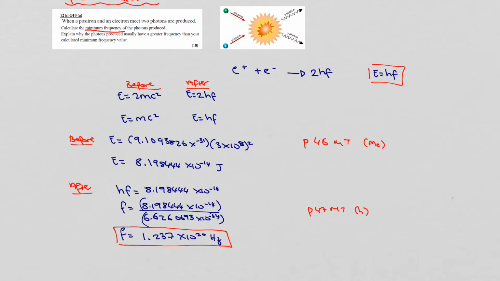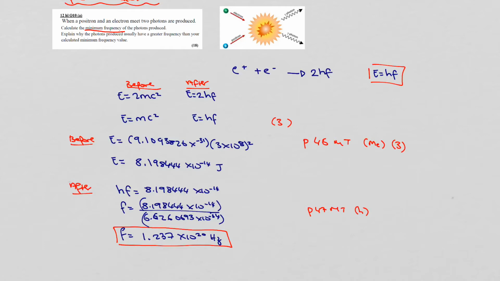Of course, if you had done 2mc squared, then you'd have 2hf afterwards, and you'd get the same value. In terms of marks for that question, we had 3 for getting the mass of the electron from your maths tables. Writing down E equals mc squared was 3 marks.